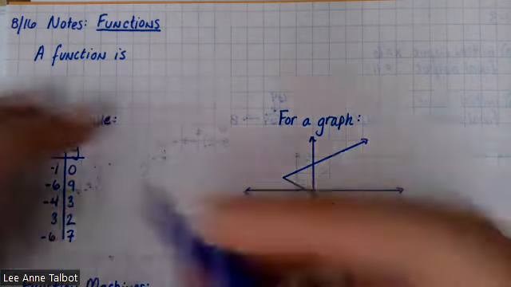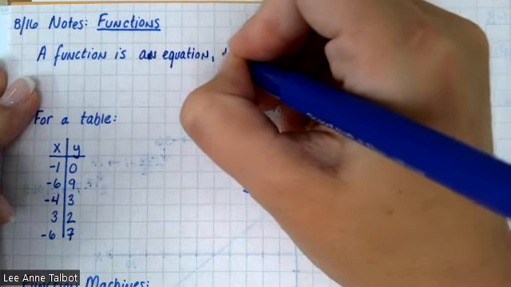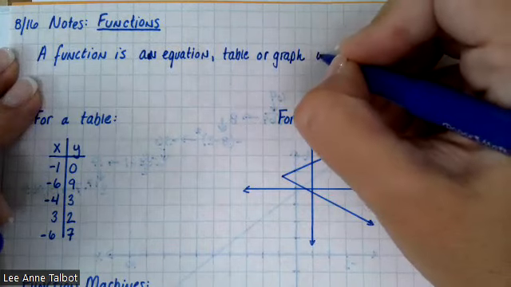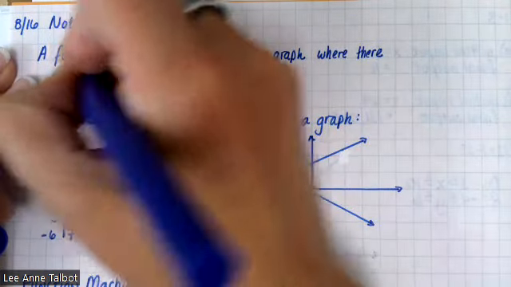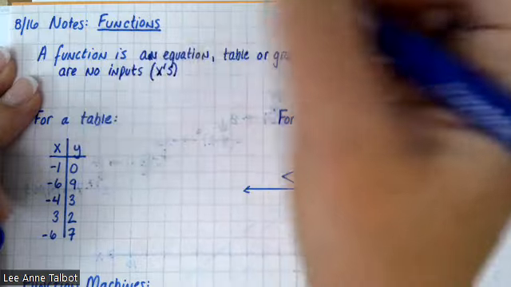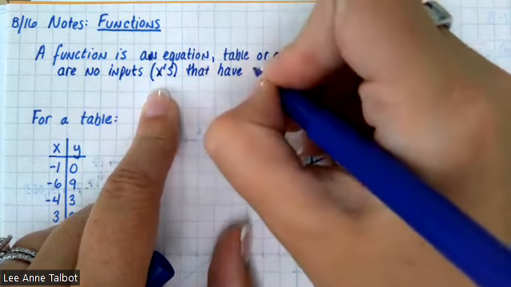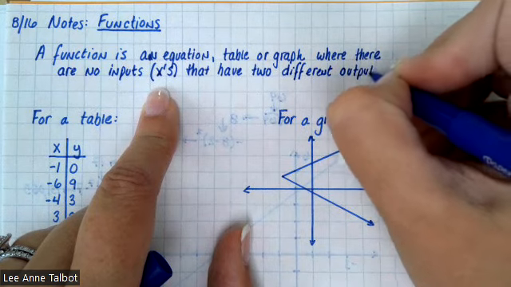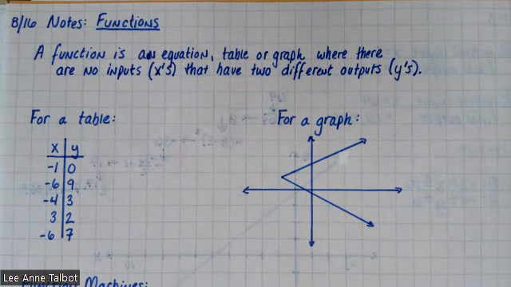A function is an equation, table, or graph where there are no inputs that have two different outputs.